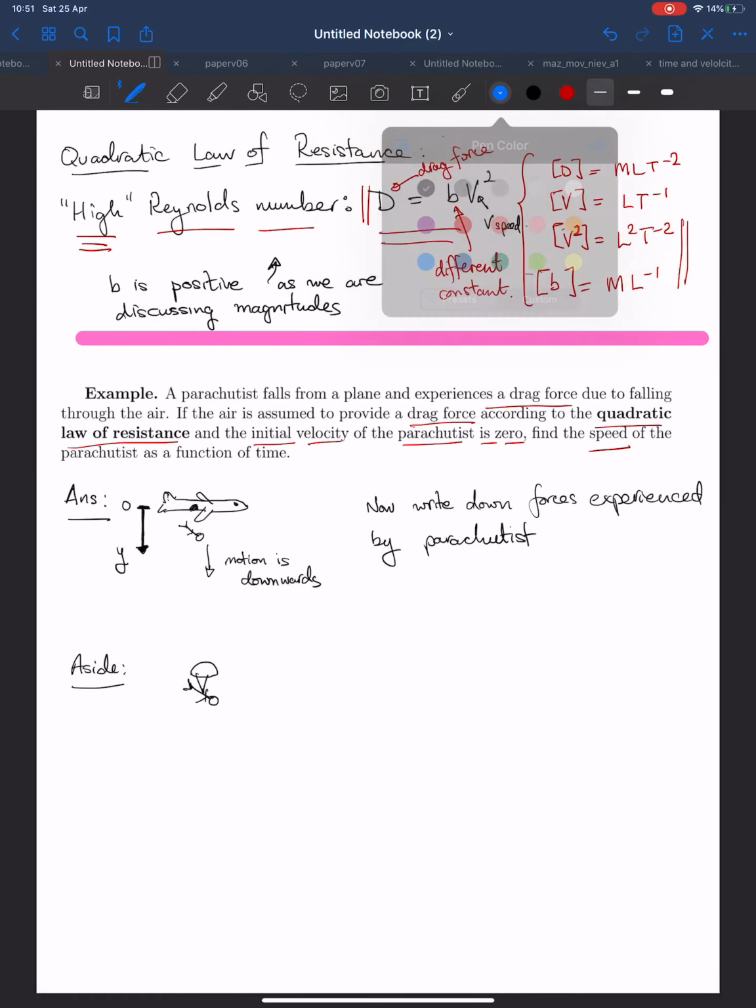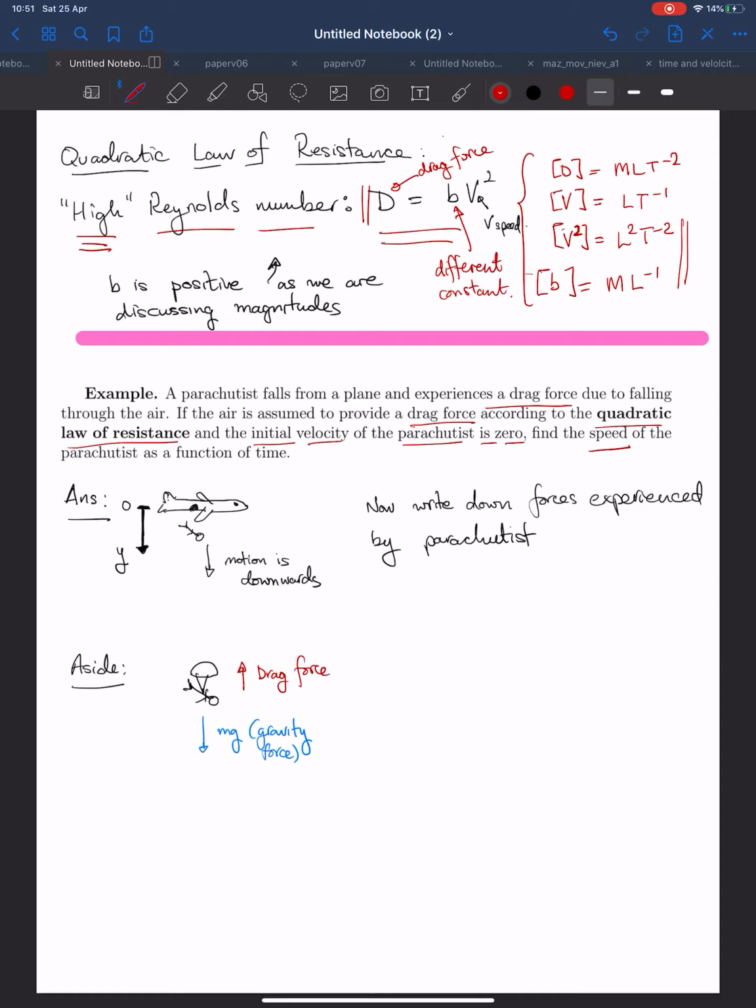So what have we got? Well, the usual mg term, the gravity force. And there I wrote the magnitude. Please keep this in mind. If you're unsure what I'm talking about, please consult other videos. And then we have the drag force, which has the magnitude bv squared.